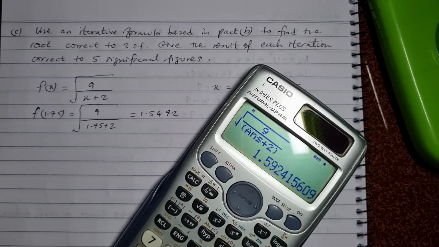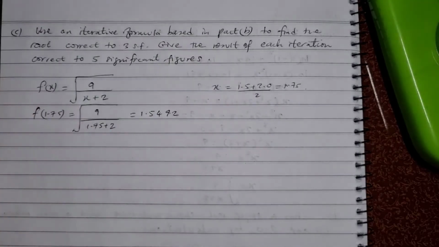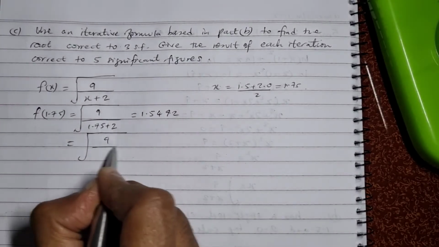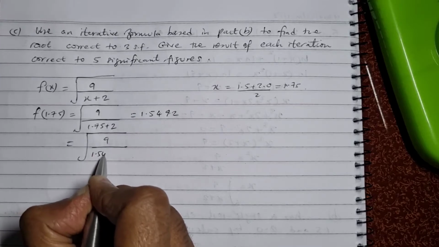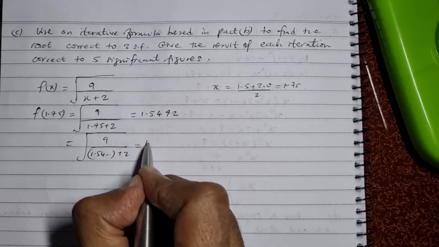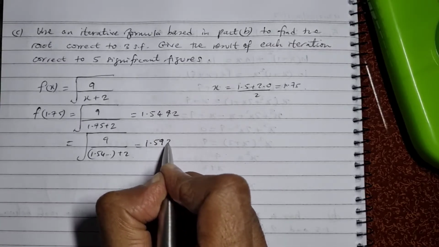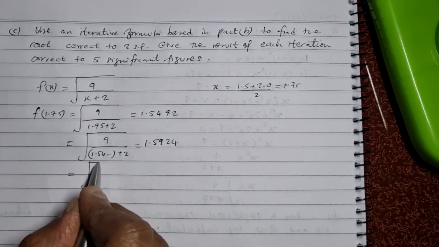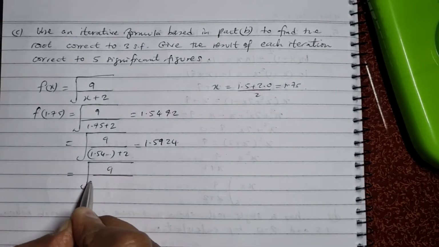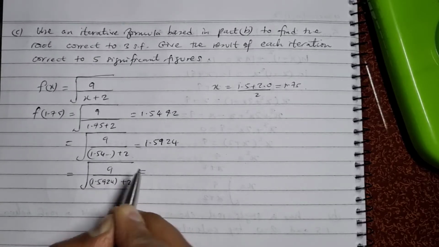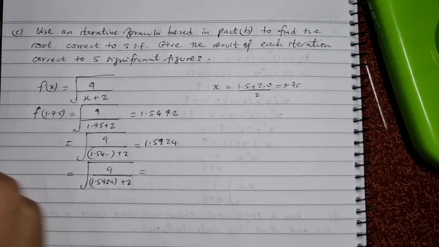The second value would be 1.5924. Taking the square root of all of that again, the calculator gives us 1.5828.